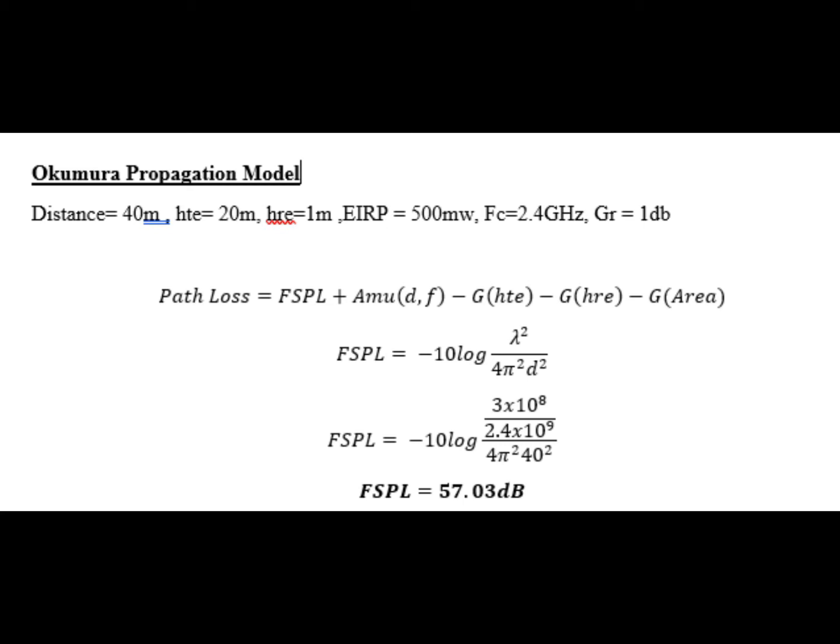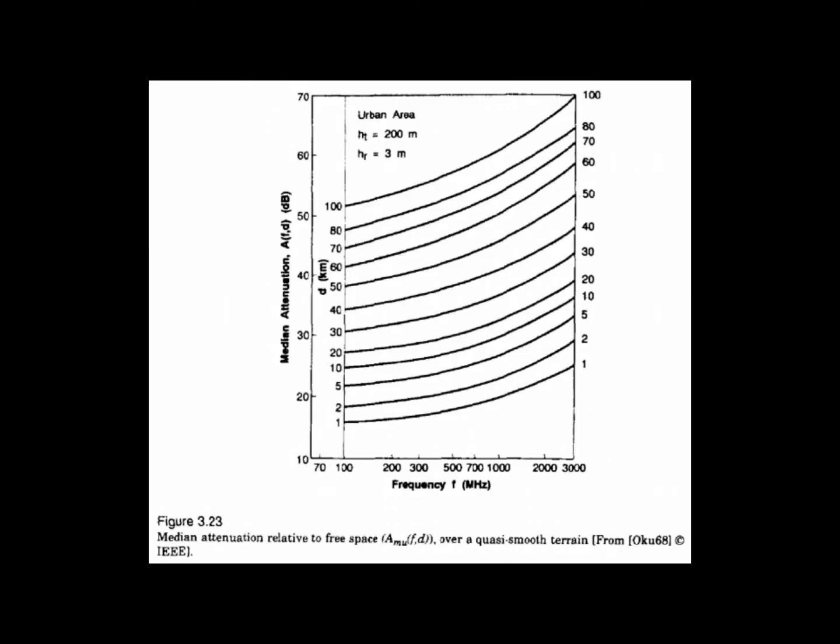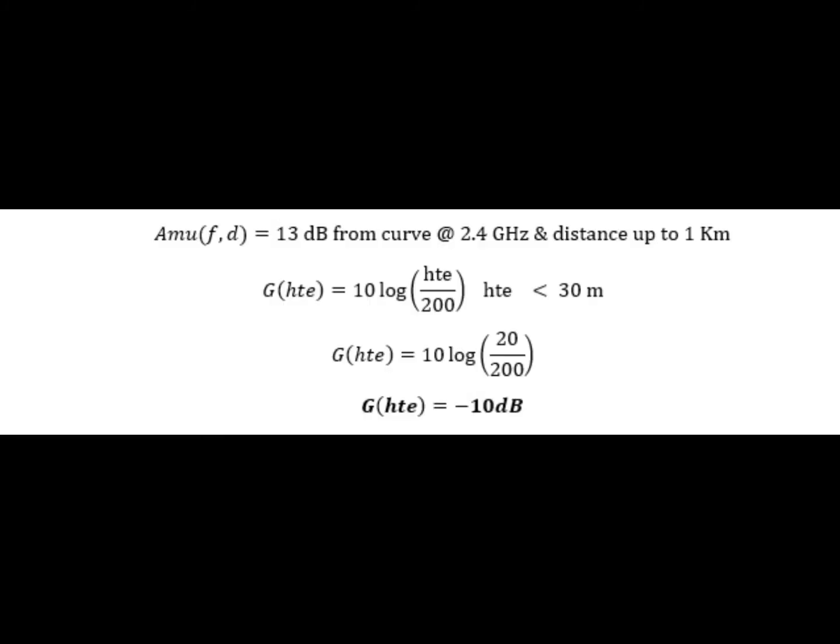First, using the formula given, with Okumura we have to calculate the free space path loss, and we have 57.03. To get the median attenuation we have to refer to the graph. For 2.4 gigahertz, attenuation for distance up to 1 kilometer, we get 30 dB from the graph.